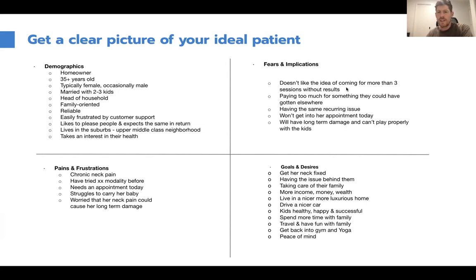Their fears and implications: they don't like the idea of coming for more than 3 sessions without results, paying too much for something they could have gotten elsewhere, having the same recurring issues, long-term damage, and not being able to play properly with the kids. Then the pains and frustrations: the chronic pain, have tried chiro, have tried massage therapy before, a 'none of it works' type attitude.